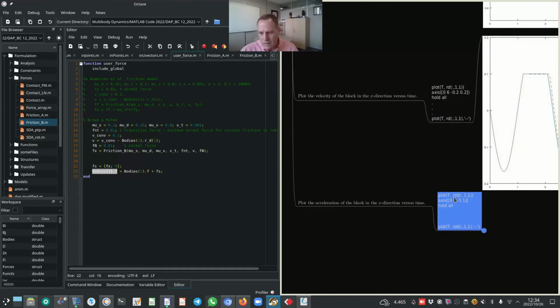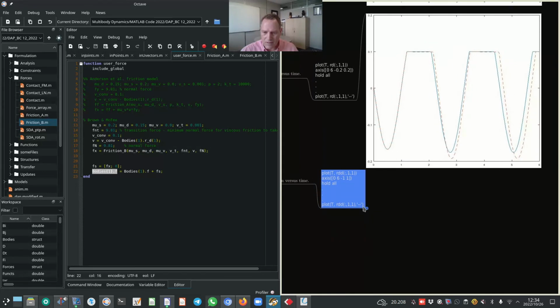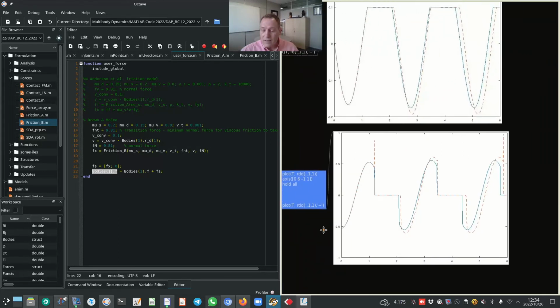Once again, similar commands that I've entered in Octave. And now we notice some discontinuities in the accelerations. I'm not investigating that further in this lecture. If you are interested, you're obviously welcome to have a closer look, do a few more simulations, change the parameters, especially this transition force, and see what the effect is if you change that value.